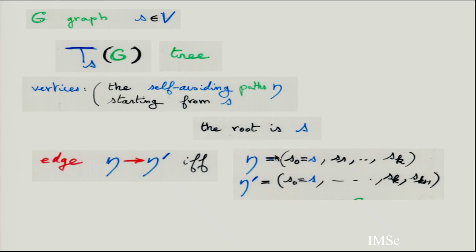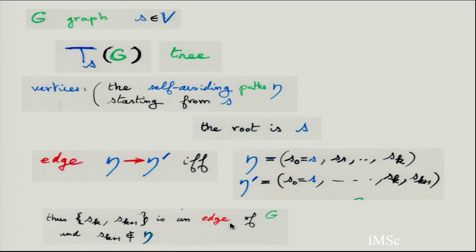And here is a vertex of the tree: it's the whole self-avoiding walk, going from S0 to Sk. And you put an edge between two vertices inside the tree if and only if eta prime is related like this with eta, with Sk plus 1 not belonging, so it's still a self-avoiding walk. So I will put an edge between this vertex of the tree and this vertex of the tree.